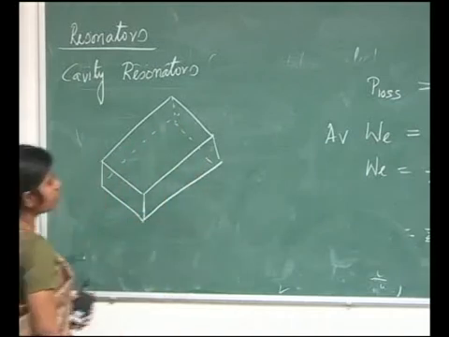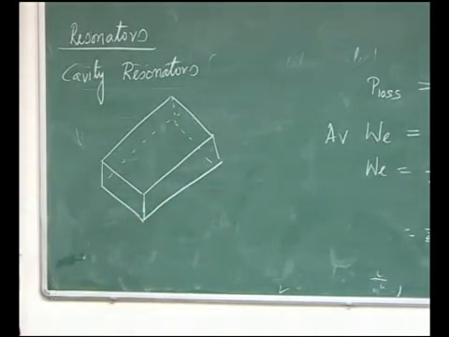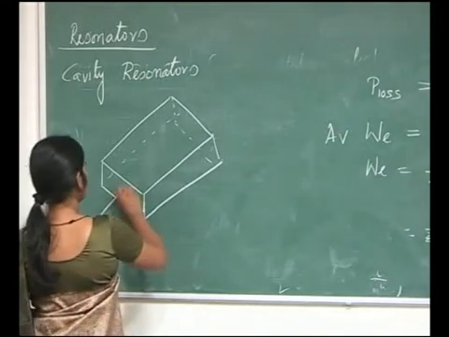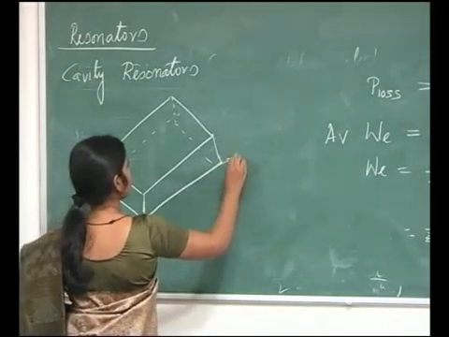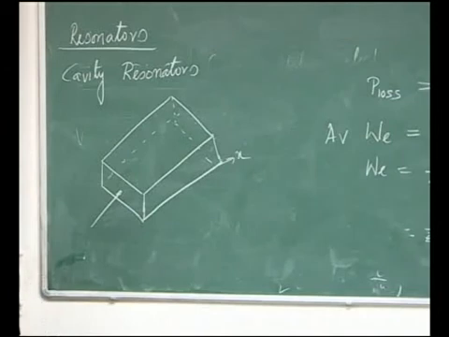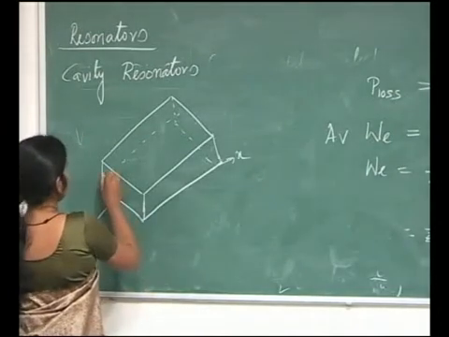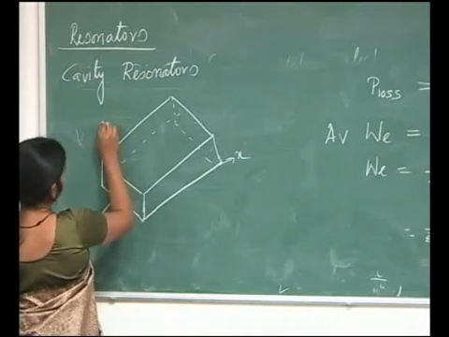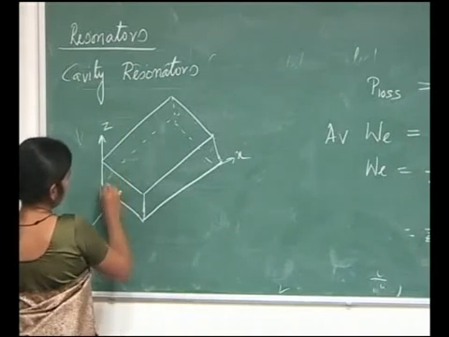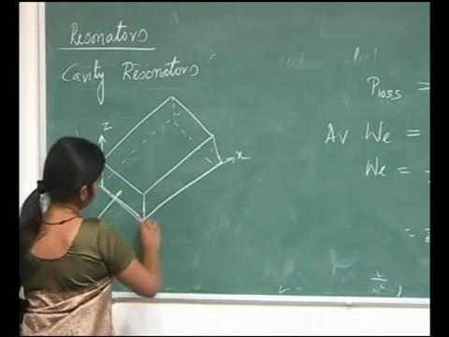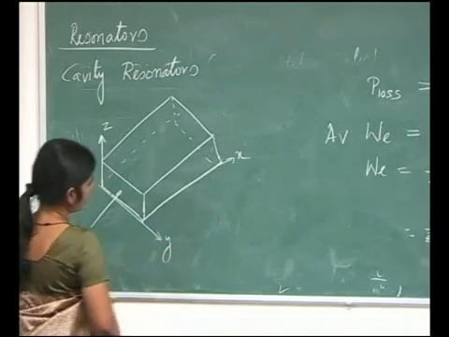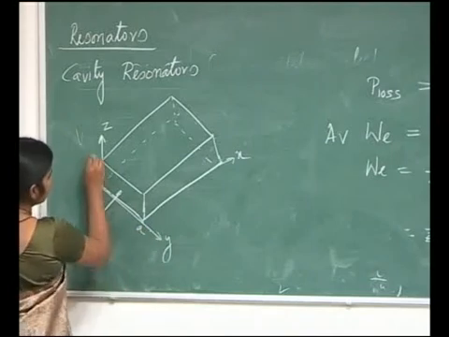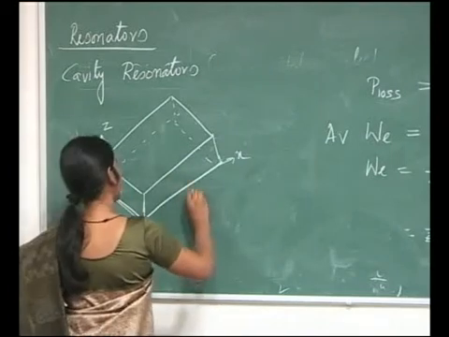This is a truncated rectangular cavity, and I suppose that this direction is x, the direction of propagation, this direction is z and this direction is y. This is A, this is B, and this length is L.